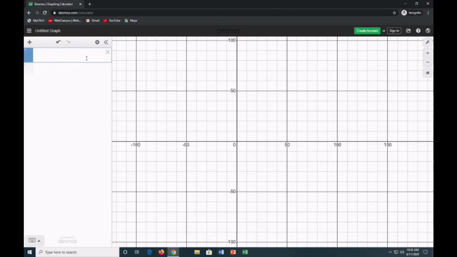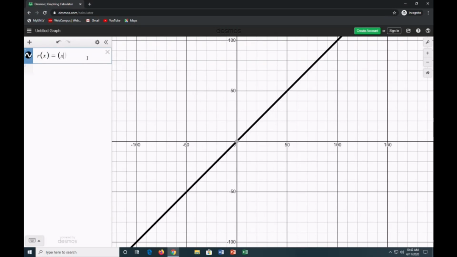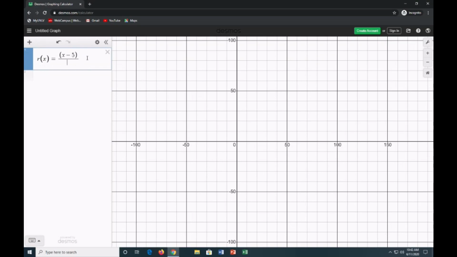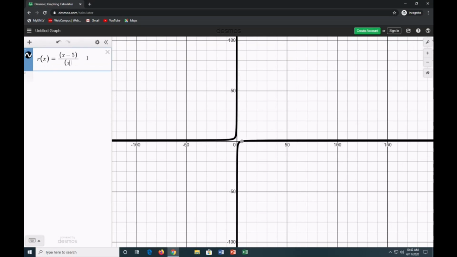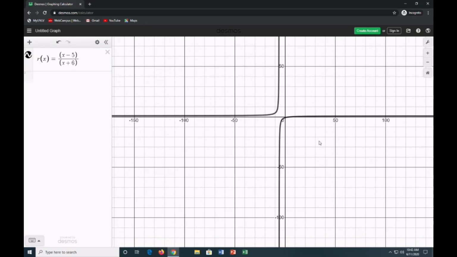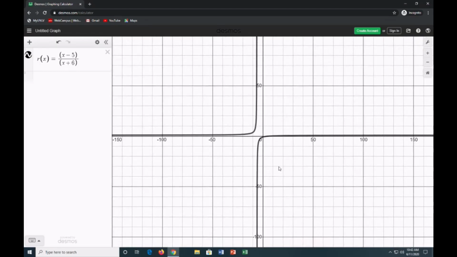And we have the r of x equals x minus 5 divided by x plus 6. Okay? So there we have the plot of the function.